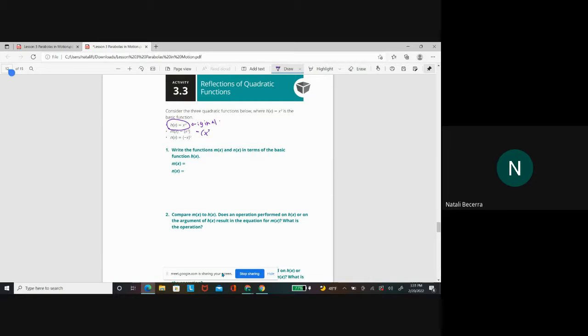This is what they meant to put. So for this one, it's going to be negative h of x. And for n of x, it's going to be h, and where is the negative? The negative is inside the parentheses, right? So it's going to be h of negative x. The negative is inside the parentheses.